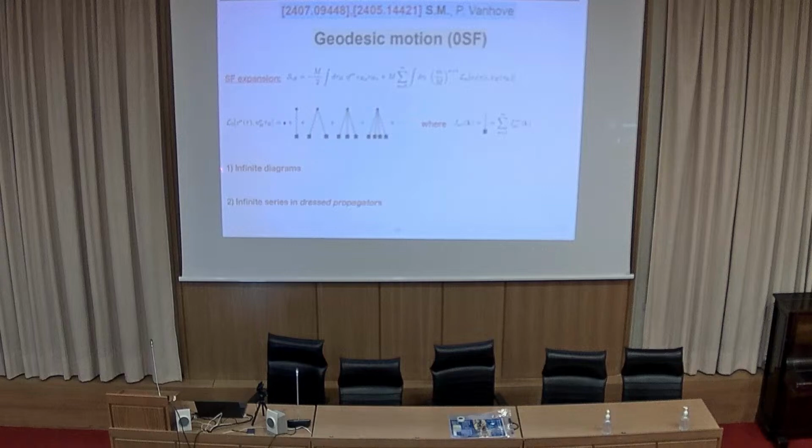Additionally, we have one problem, which is that we have infinite diagrams. The second problem is that here the below couplings, the square couplings, these are the big mass coupling insertions, and on the top are the small body insertions. So you see even from here you understand that each of these contains a power of small m, so this is the way the power counting works. At one SF, one would require two insertions of the small mass on top.